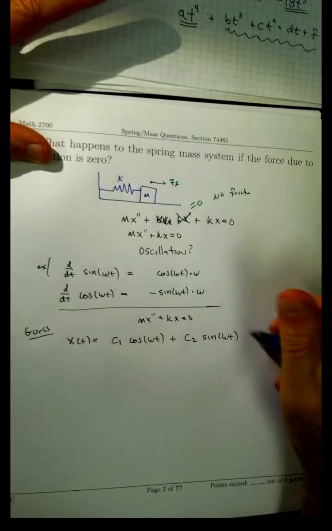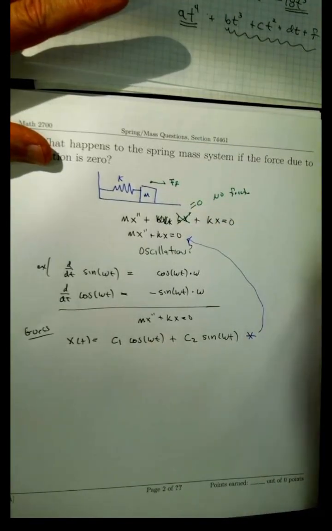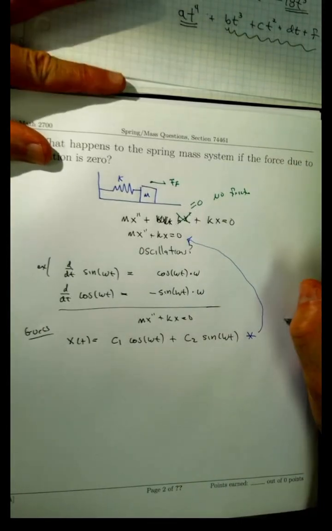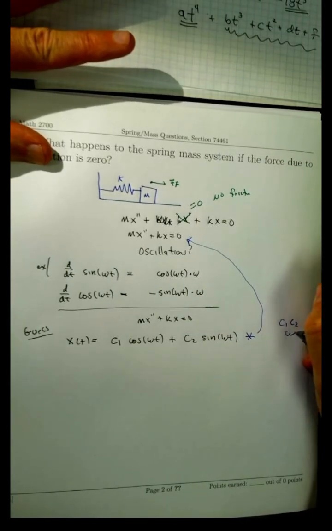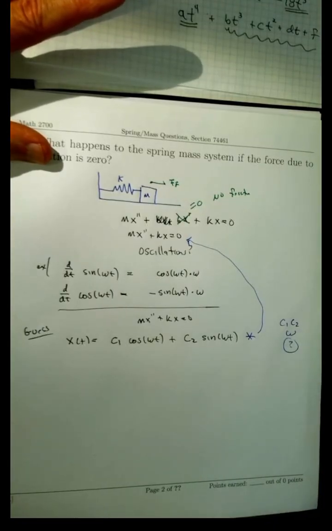And what I'm going to do is plug this into my differential equation and ask what it implies. And notice now that C1, C2, and omega are just constants, and I'm free to set them to be equal to anything I want.